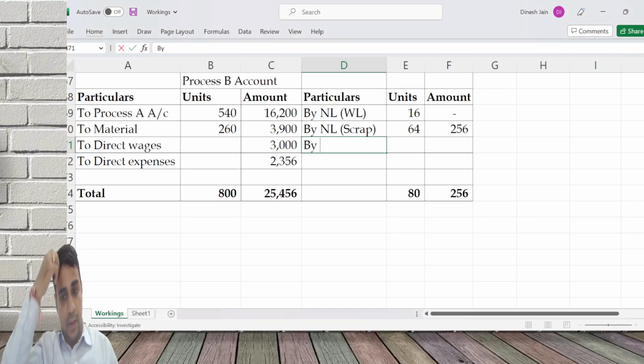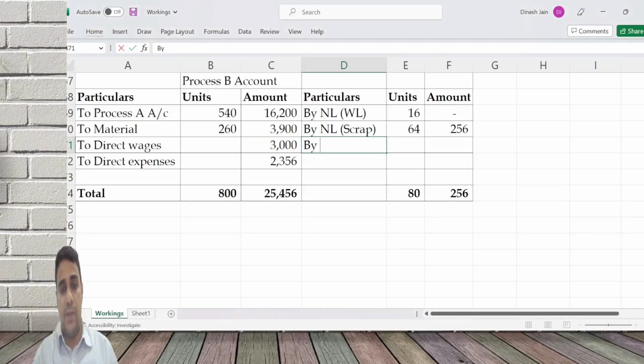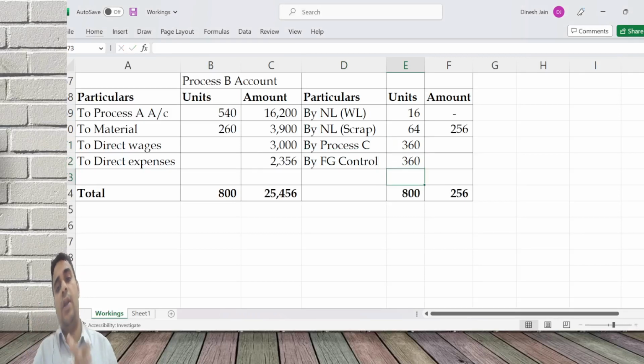So 720 units you produced, transferred 50% to process C, balance to warehouse. So by process C, by FG control, 360, 360 units got tallied. You'll have to get the cost per unit and then complete it.